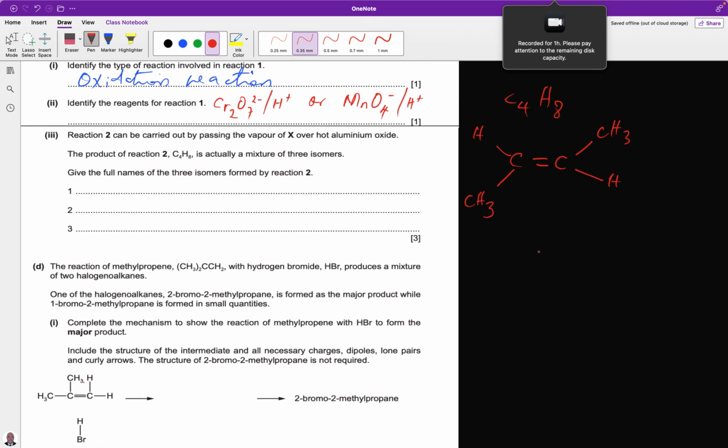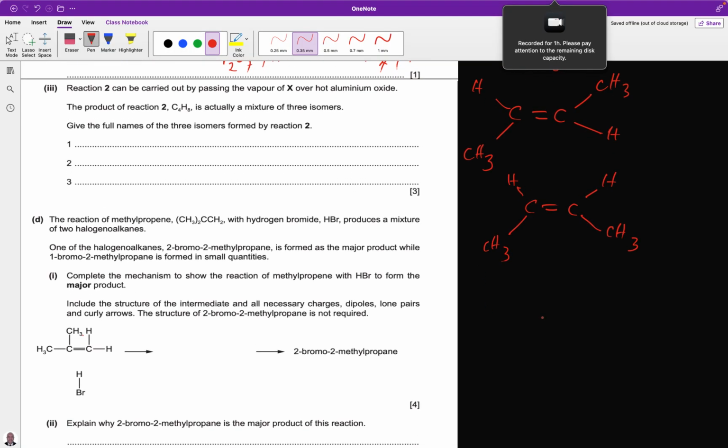This other one, we can have another structure like this. In that case, we have CH3 and CH3. We'll have a cis isomer, and in this other case, we can have a structure like this.